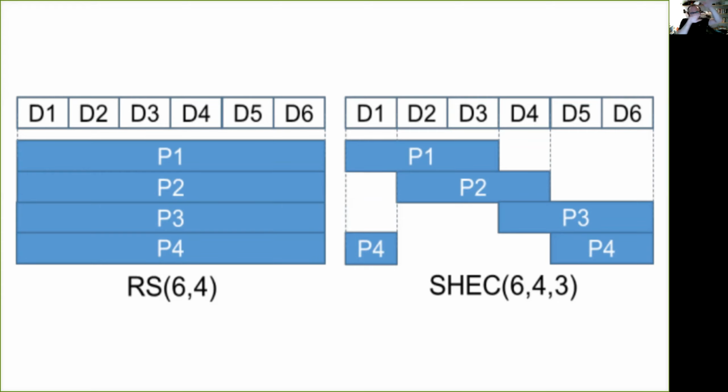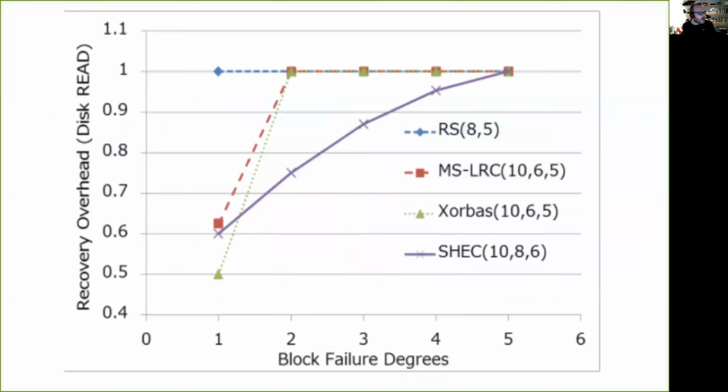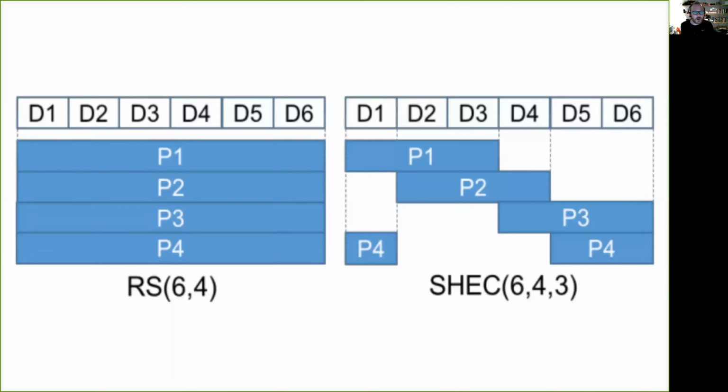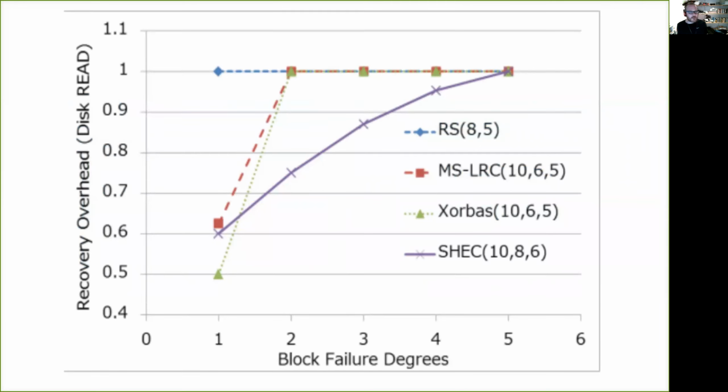We can say sometimes we skip 1 data, sometimes we skip 2, and we've just got some coverage for the data blocks that we're interested in. So how does SHEC 643 compare to the ReedSolomon codes? And what's great about these papers again is, without talking in great detail about the mathematics, we've got a graph that draws out exactly why this shingled approach is better.